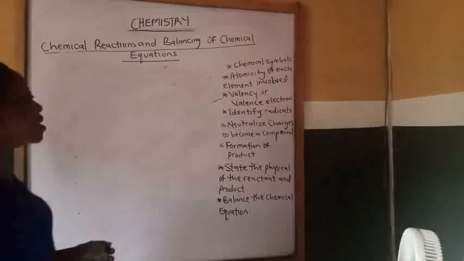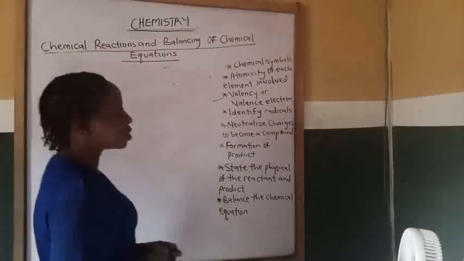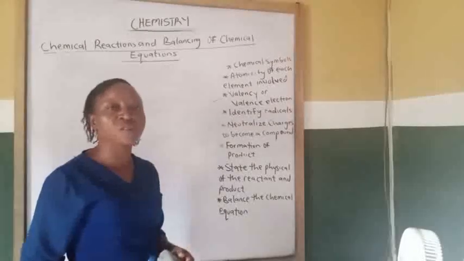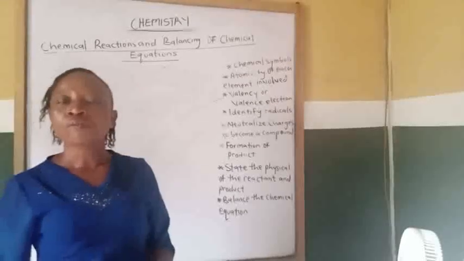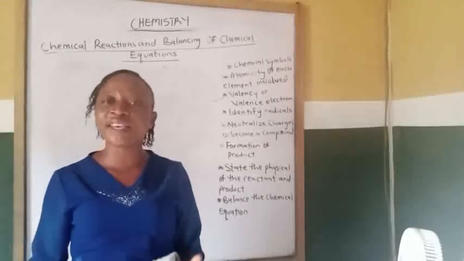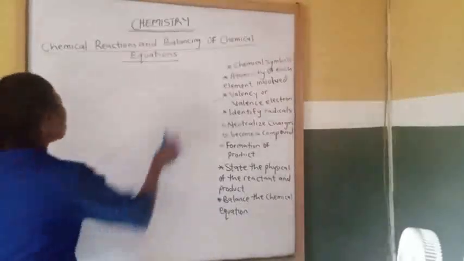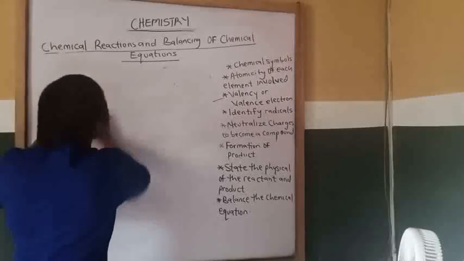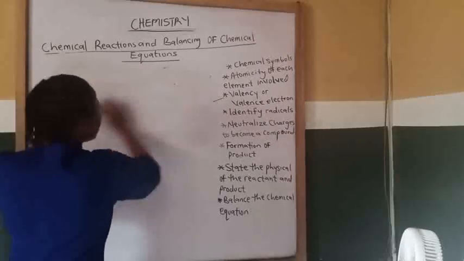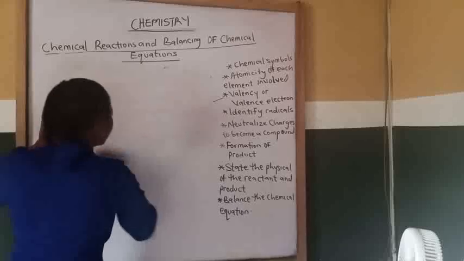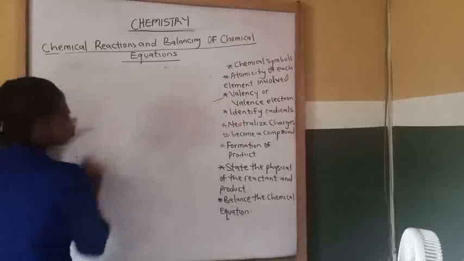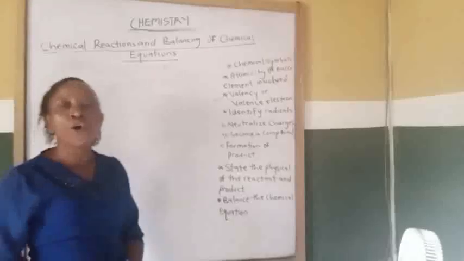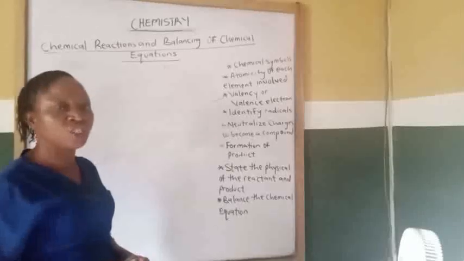Valence electron is the number of electrons that an atom loses or gains to become positively or negatively charged.